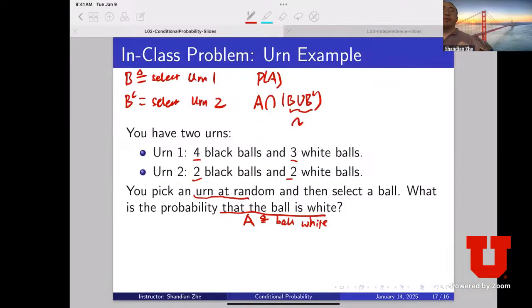Thanks for correcting the notation. This one is the complement of B, B^c.